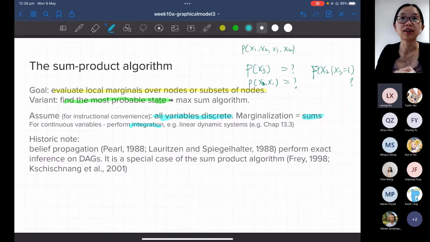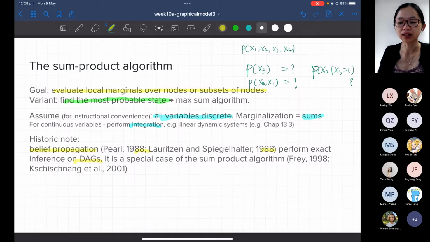A little more on this historical note: this algorithm is also called belief propagation, from before the factor graph representation was introduced, a decade before the factor graph work. It does perform exact inference on directed acyclic graphs or Bayes networks.